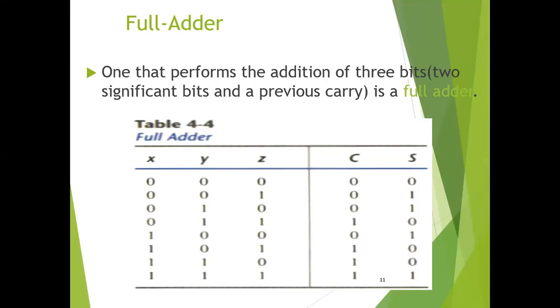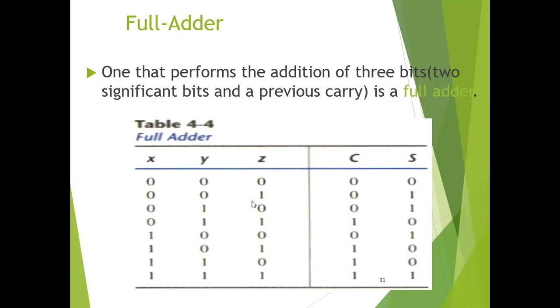The S output will be equal to 1 when only one input is equal to 1, or when all three inputs are equal to 1. We can see that S will be equal to 1 in these 4 combinations.